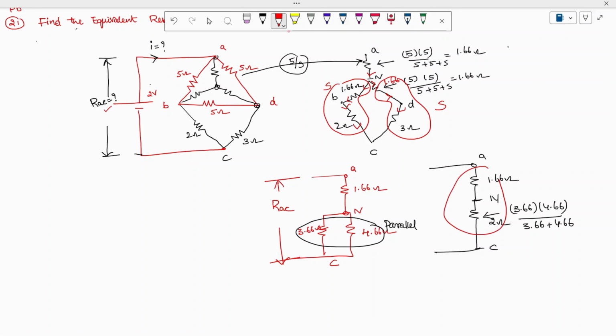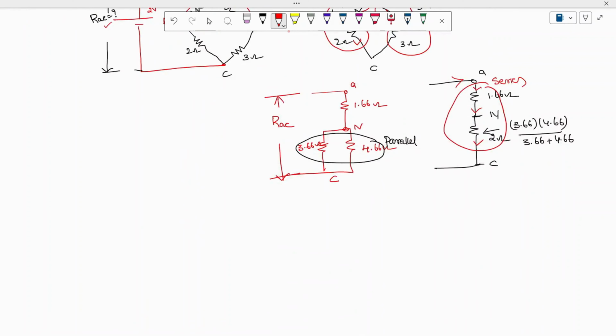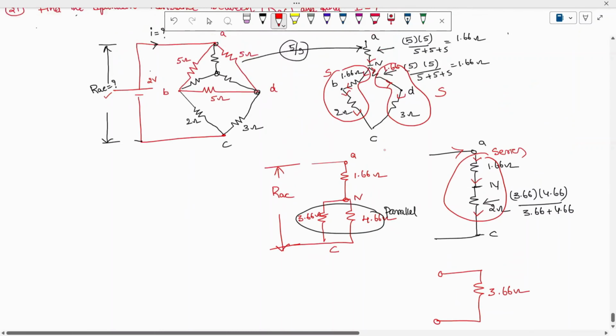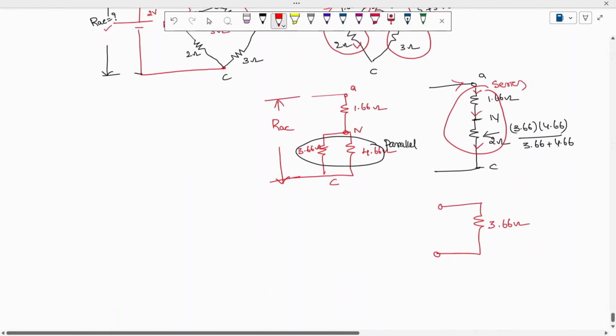Current starts flowing in 1.66 and the same current flows in 2 ohm, so these are again connected in series. Whenever they are connected in series, it is just the sum of these two resistors. Then 2 plus 1.66, which is 3.66 ohms. So this is across RAC.